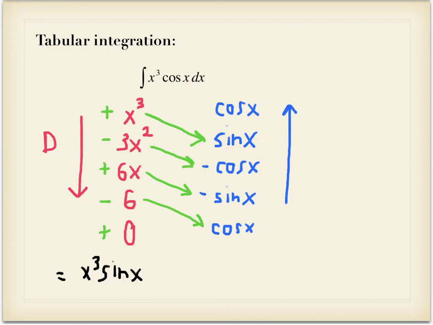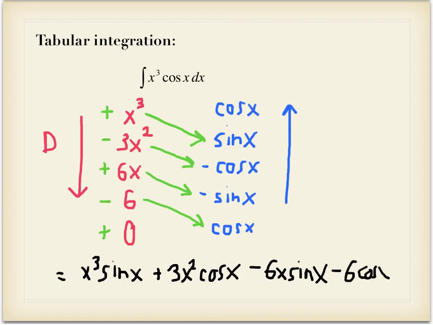Now notice I have two negative signs here, so that's going to turn that into plus 3x squared cosine x. So far so good. My next one will be minus 6x sine x. And my last one will just be negative 6 cosine x. Don't forget, of course, to tack on your plus c, and voila, we are done.